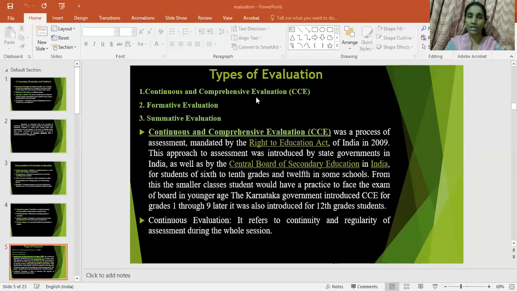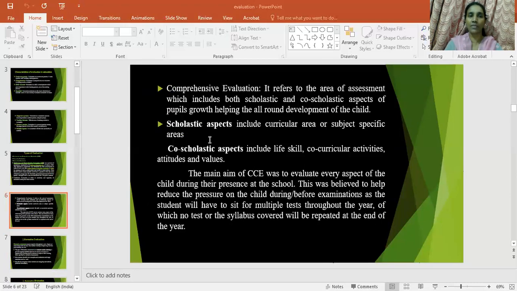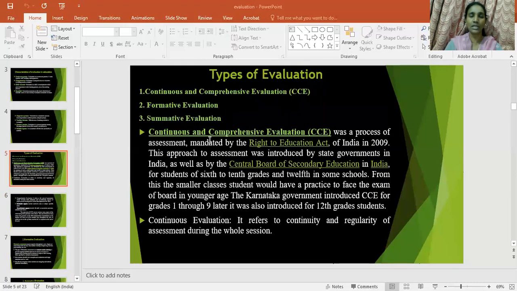That is the number one type of evaluation. The second type of evaluation is formative evaluation, and the third type is nothing but the summative evaluation. So we'll discuss one by one what is the first point, what is the second and what is the third point.